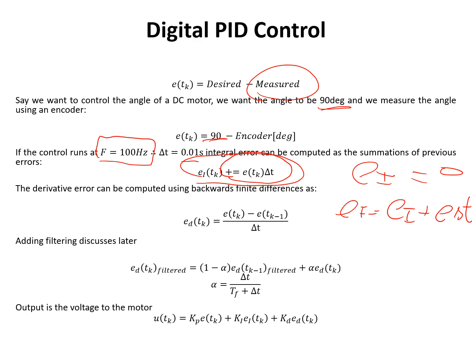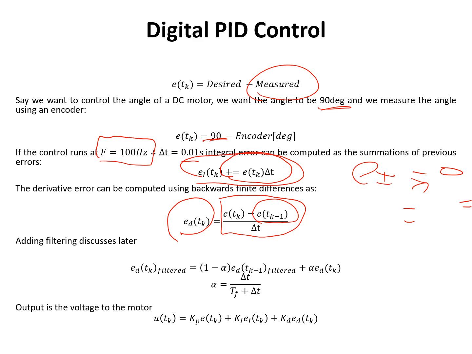That shorthand replaces this term and just writes it as plus equals. So that is our integral term. And again, we have our derivative term where we save the previous error value, and then we work out the differential error, and from there we can apply our controller.